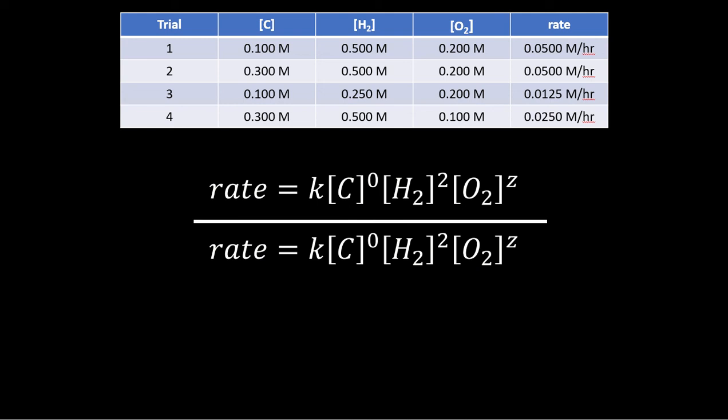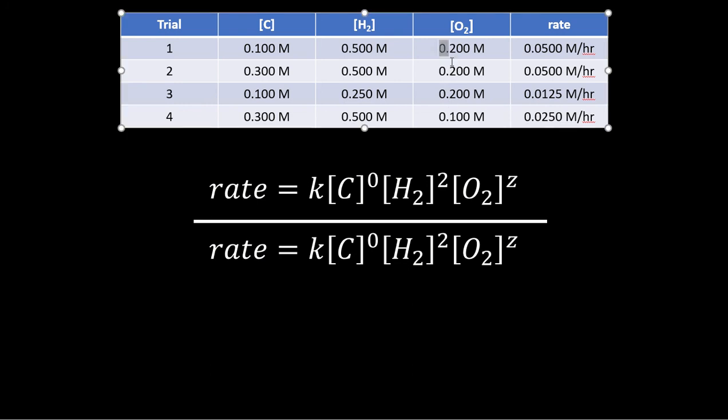Well, similarly, we just need to find two different trials where the only concentration that's changing is the concentration of molecular oxygen, while keeping carbon and hydrogen the exact same value in both. Well, in this case, the only two distinct values for molecular oxygen are 0.2 and 0.1.